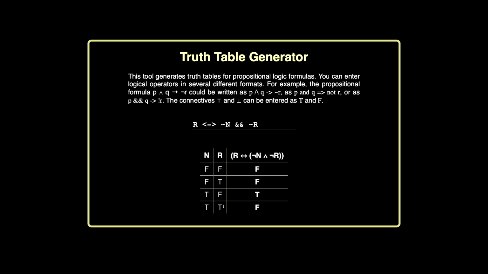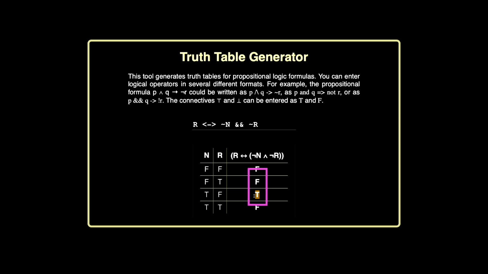N, Nancy is a knight, and R, Robert is a knight. On the right here, we've got the results for the sentence that we're interested in, okay? Telling us whether it's going to be true or false based on those combinations of trues and falses to the N and the R. But we know that sentence is true. So we look down the right-hand column and there should be just one T. There should just be one line where it's true.